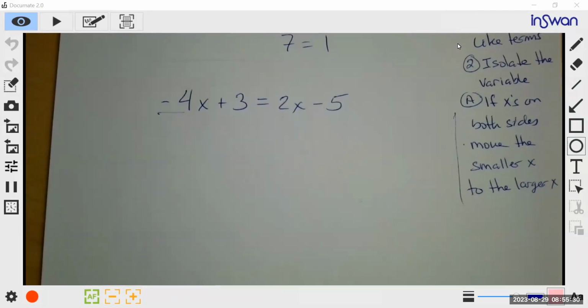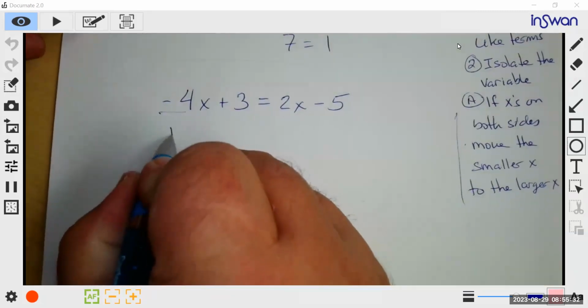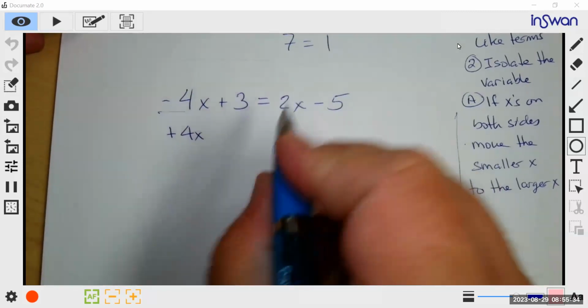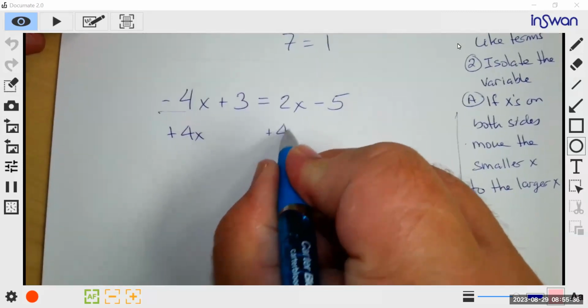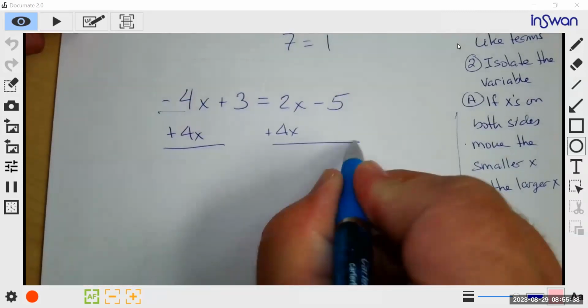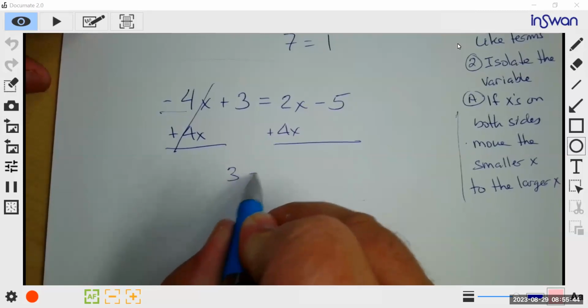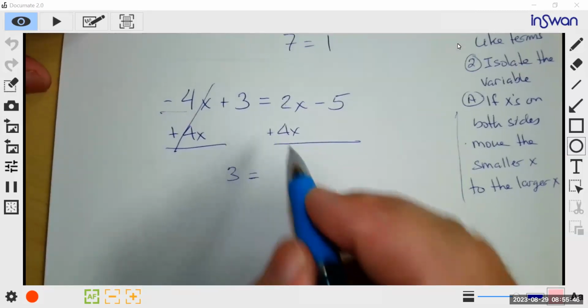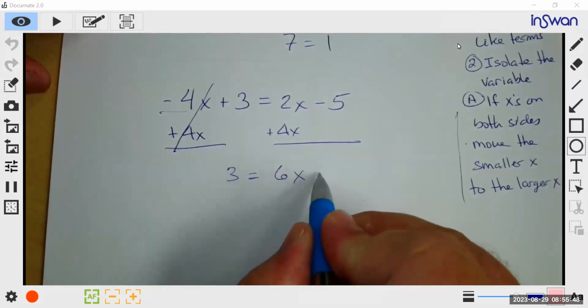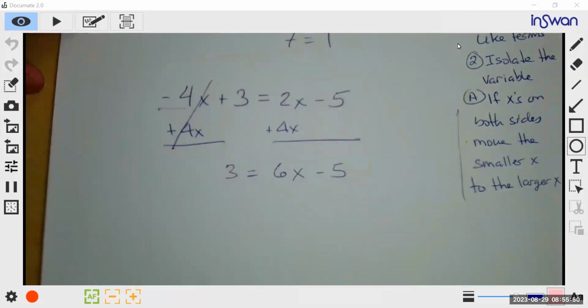How do we move -4? We add 4x to both sides. So -4x plus 4x cancels out. 2 plus 4 is 6x, minus 5.